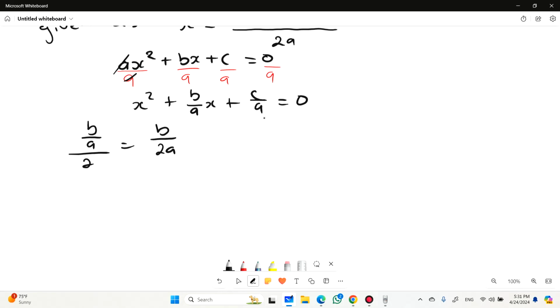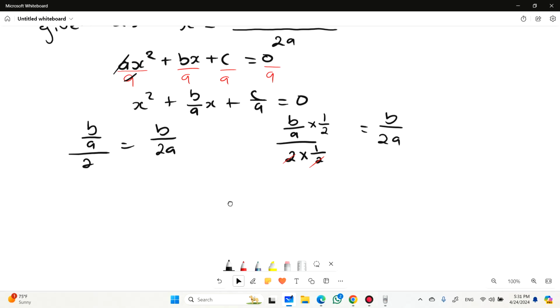Or you could just say b over a divided by 2, that is, b over a times a half, hence the 2 and the 2 move, and then 1 times b is b, and then 2 times a is 2a.